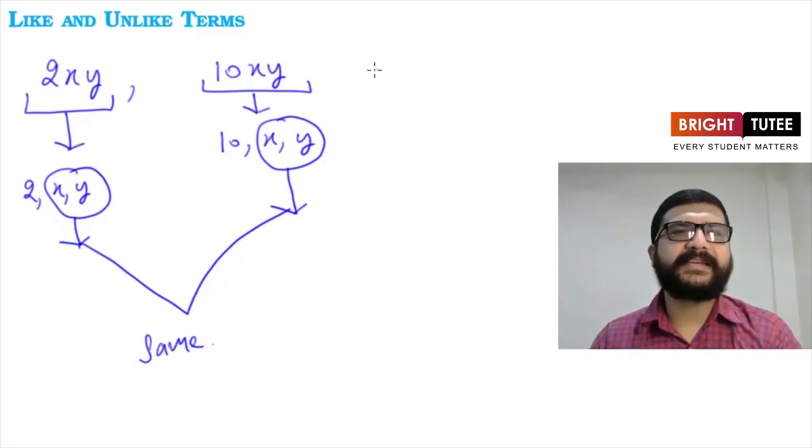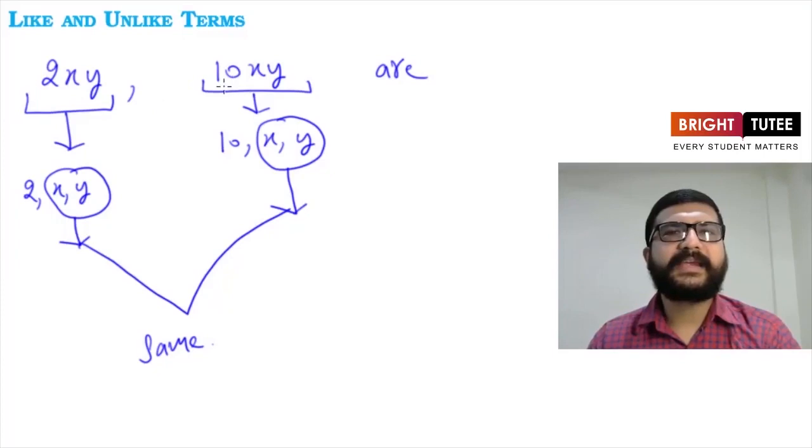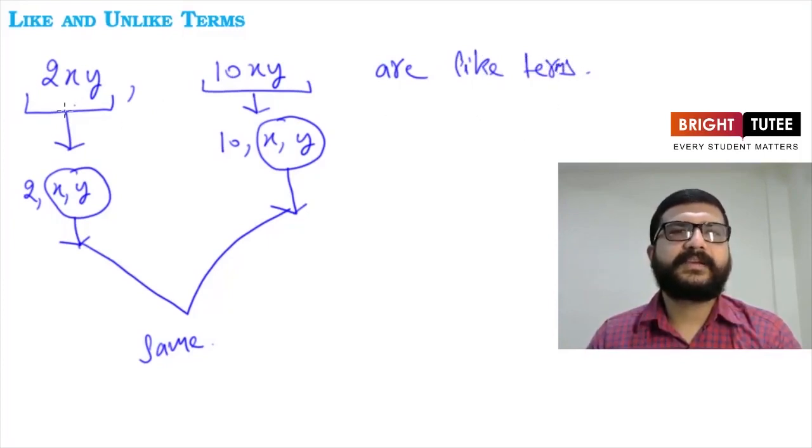Then we can say 2xy and 10xy are like terms. So for checking whether two terms are like or not, we have to write their factors, and then we will check whether their algebraic factors are exactly the same or not.